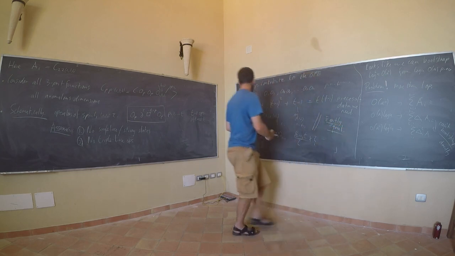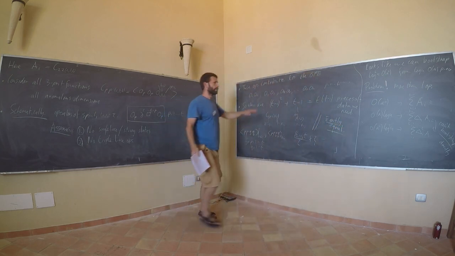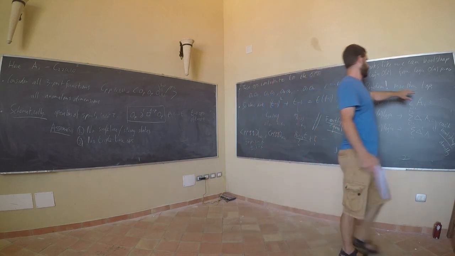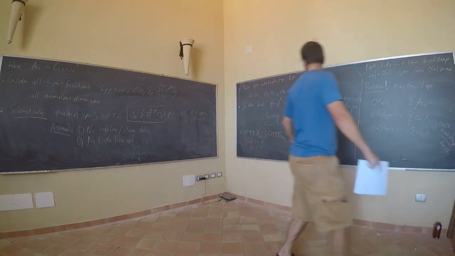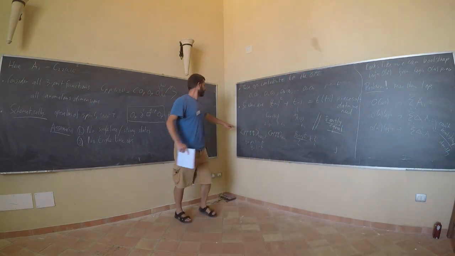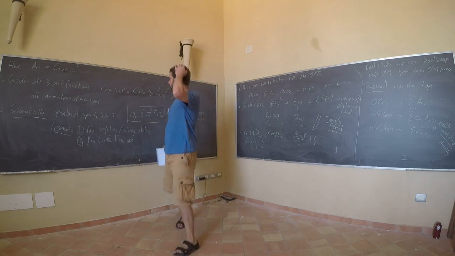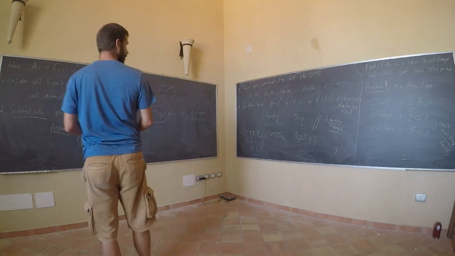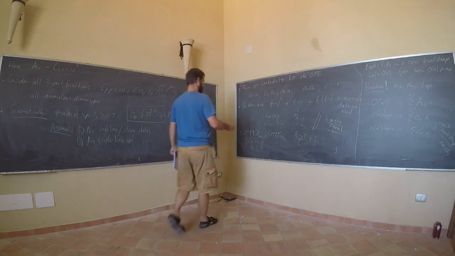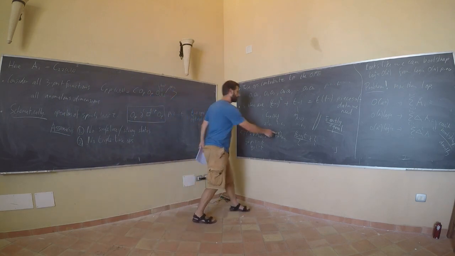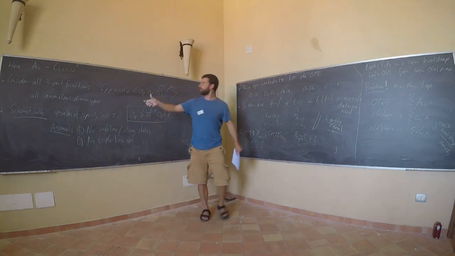Okay, so the job is to extract the right-hand sides of these equations. I mean, there's a bit of the story I have not mentioned yet, in that this order A piece has a part from the free theory.